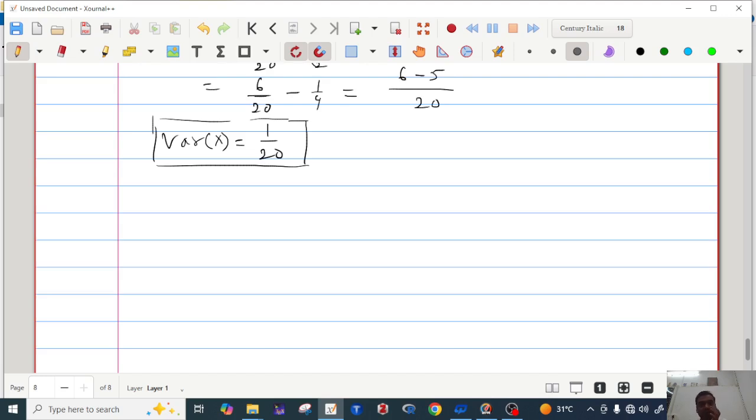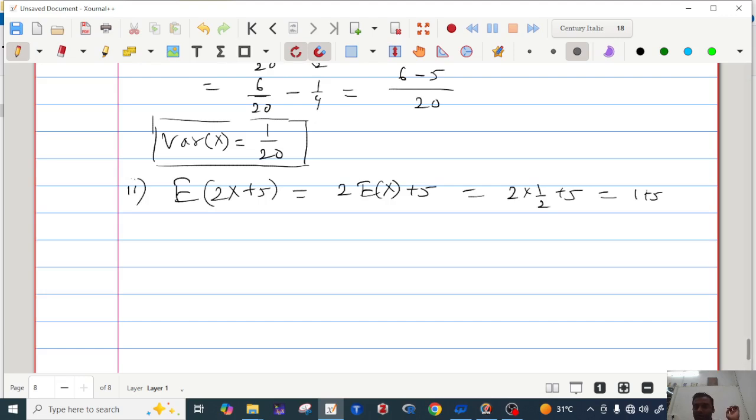So this way we can find out the mean and also here it is asked to find out E of 2x plus 5. By the change of origin and scale property, it's 2 times E of x plus 5. Applying E of x is 1 by 2, this is 1 plus 5.